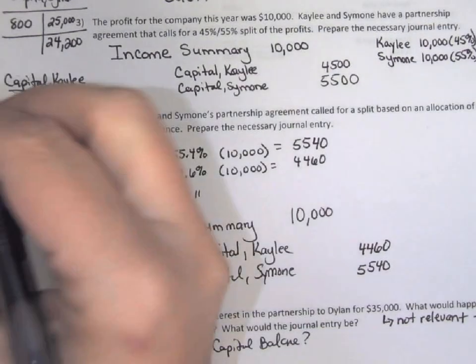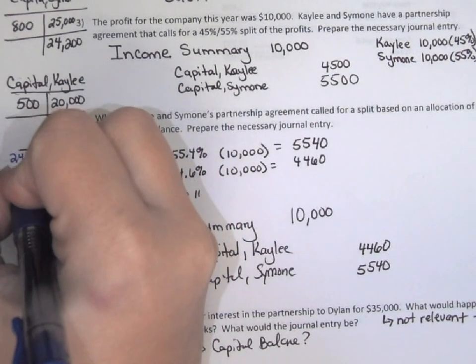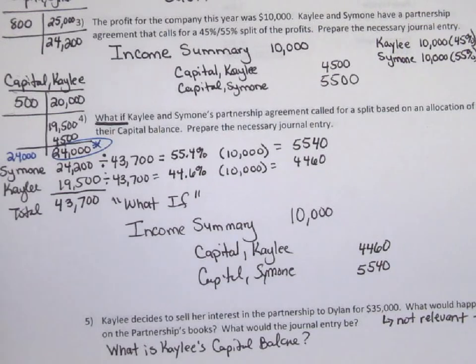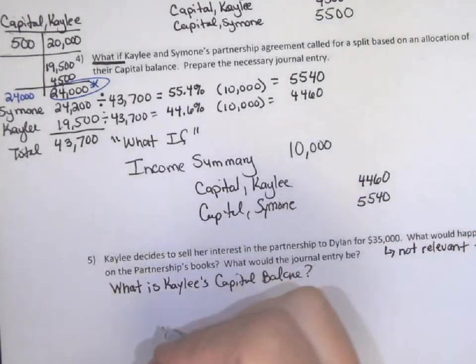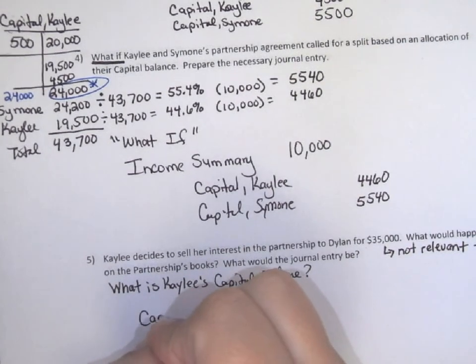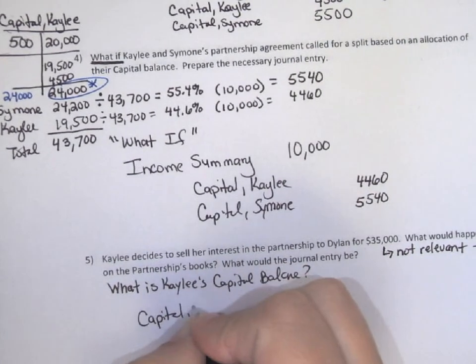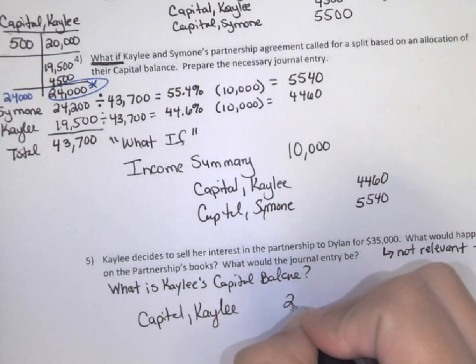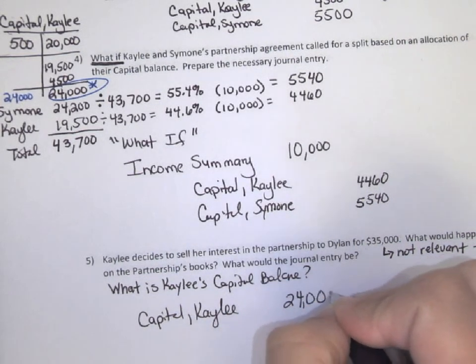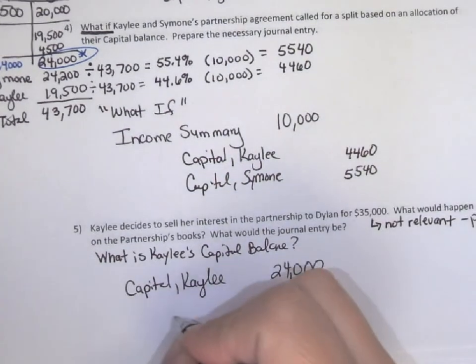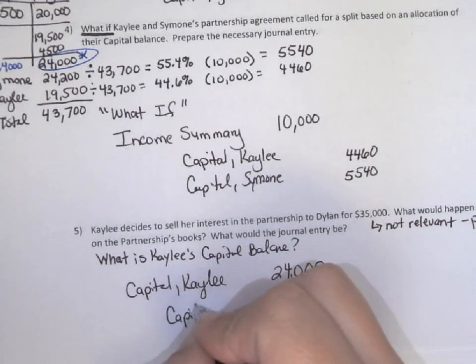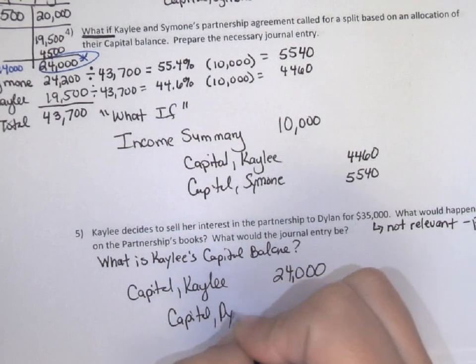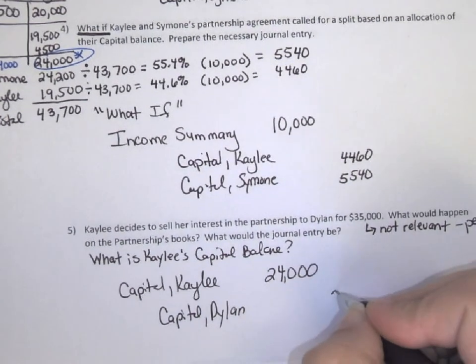And the only way we can zero out her account is if we come in here and we put that debit in. So what we see is we have Kaylee's capital account is going to decrease by that $24,000, and then Dylan's account would increase because he is now an owner in the company.